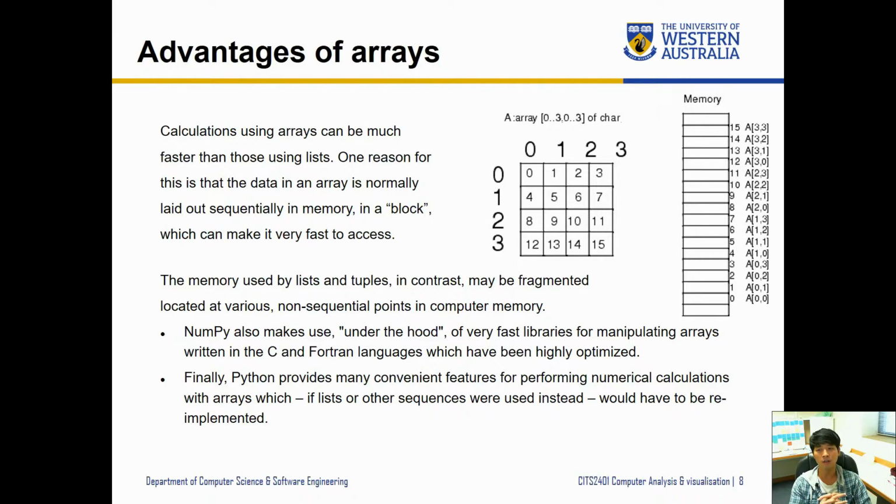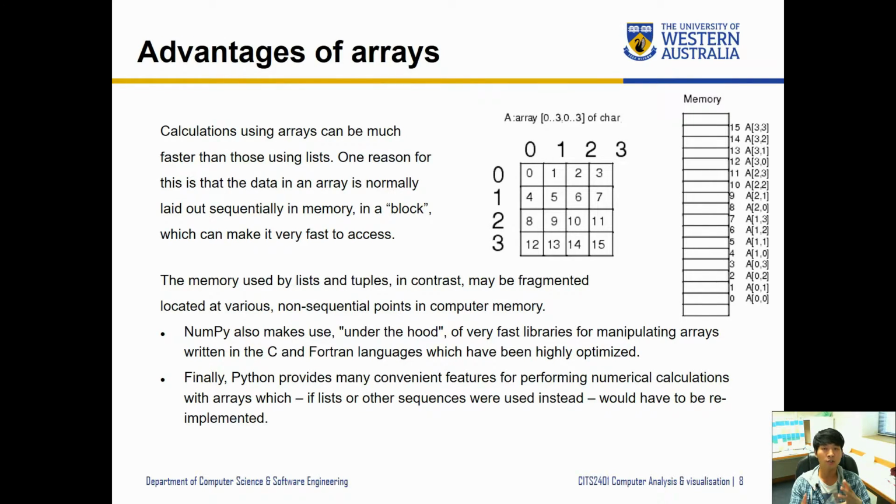NumPy also makes use of under-the-hood fast libraries for optimization. If you are familiar with the history of Python, many of its modules are actually written in C. Performance-wise, C is about 10 times faster than Python, and many of the modules for NumPy are written in C, which get pushed back to Python to use.